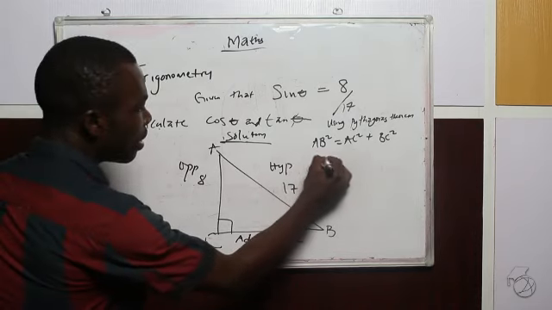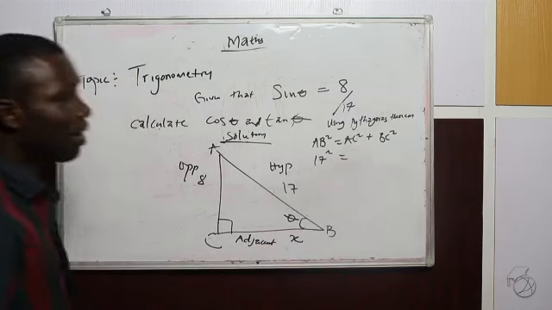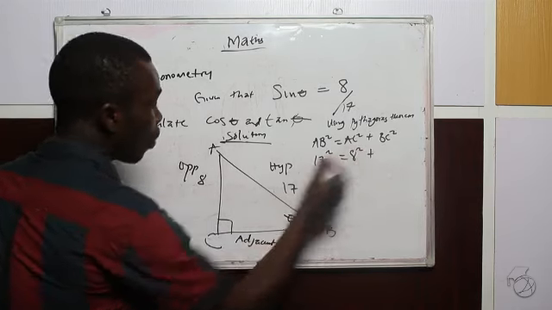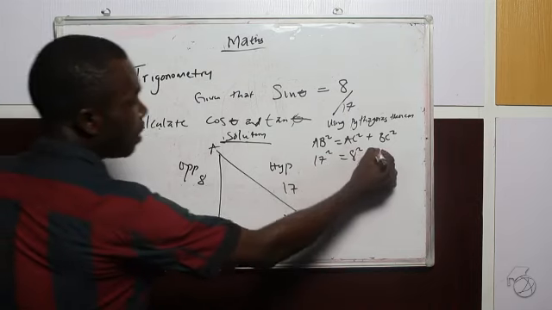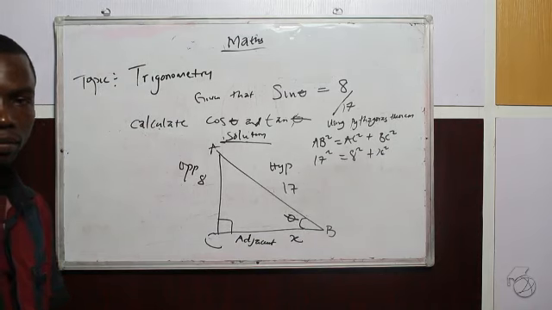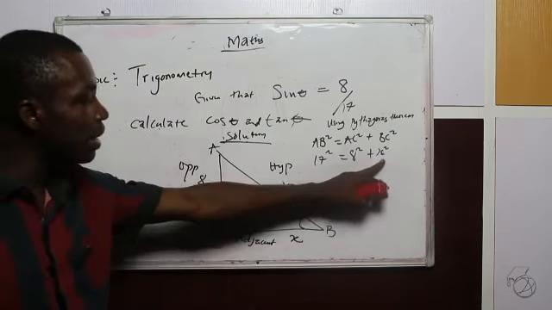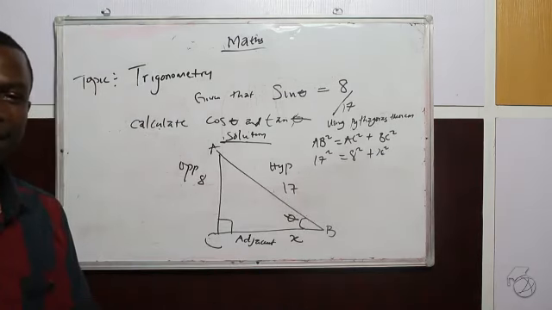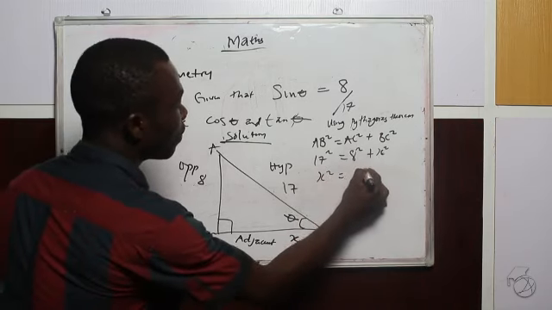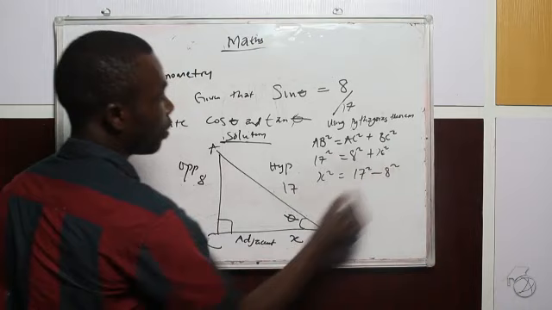Our AB squared is 17 squared, equal to, what is our AC? Our AC is 8 squared plus, what is our BC? Our BC is equal to x squared. How do we find this x squared, which is the adjacent side? x squared is equal to 17 squared minus 8 squared.